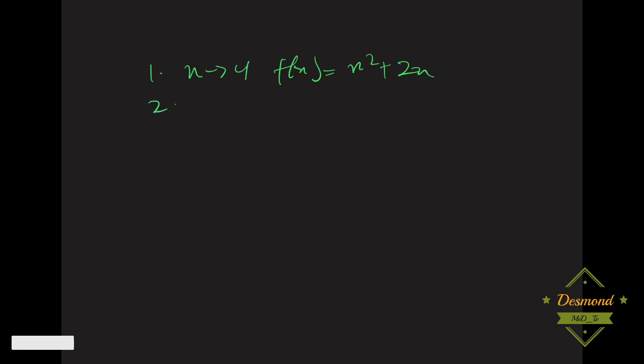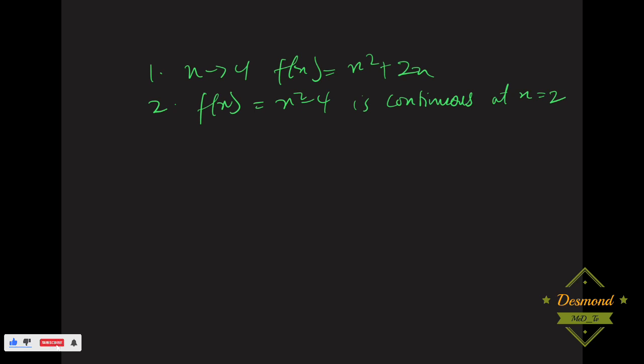And question 2, let's say we are going to determine if the function f of x equal to x squared minus 4 is continuous at x equal to 2. You can pause the video and give them a try.